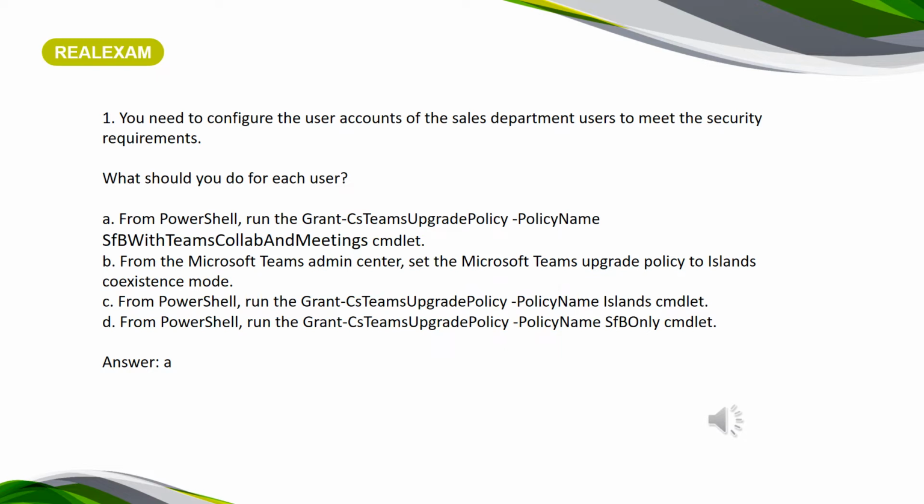B. From the Microsoft Teams Admin Center, set the Microsoft Teams upgrade policy to islands coexistence mode. C. From PowerShell, run the Grant-CsTeamsUpgradePolicy PolicyName islands cmdlet. D. From PowerShell, run the Grant-CsTeamsUpgradePolicy PolicyName SfB only cmdlet. Answer. A.